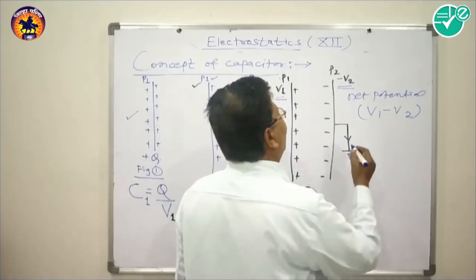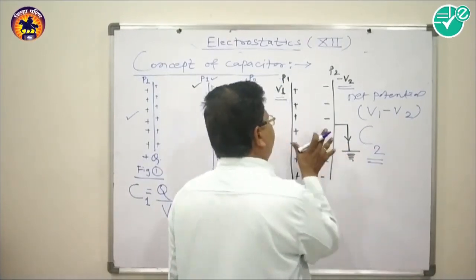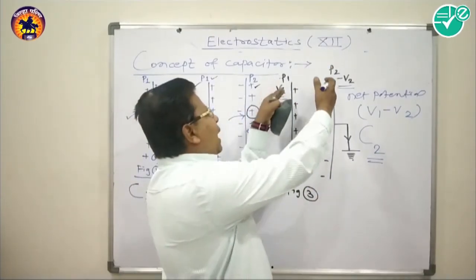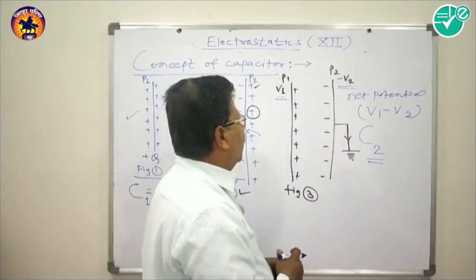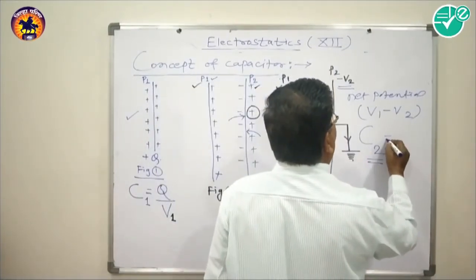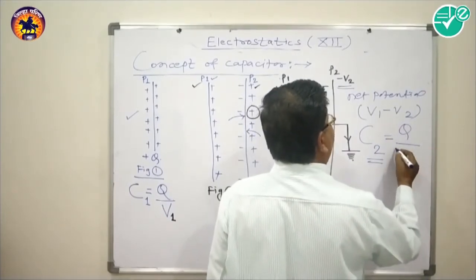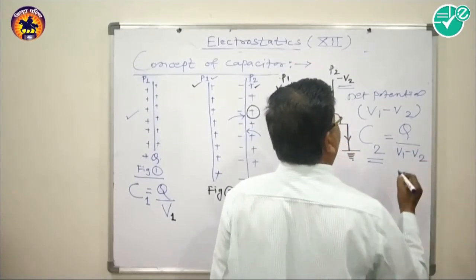Therefore the capacitance of this system, which forms the capacitor known as a parallel plate capacitor, is C2, equal to charge Q divided by potential difference V1 minus V2.